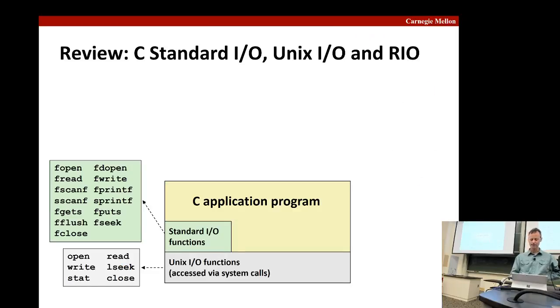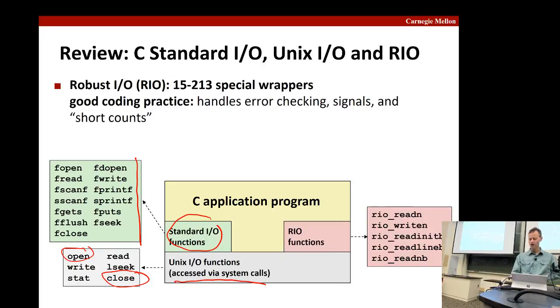And then just again to review, in terms of I/O in C, there are standard I/O functions you're familiar with, and Unix system calls for things like opening and closing files. But what we want you to use in this course are the Rio versions, the wrapped versions that handle on your behalf various kinds of error checking, signals, and what we call short counts.